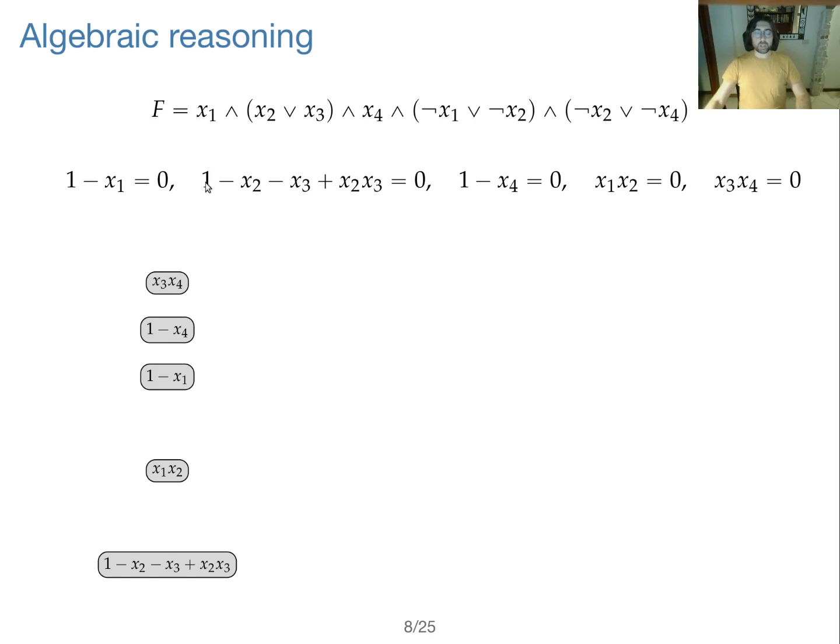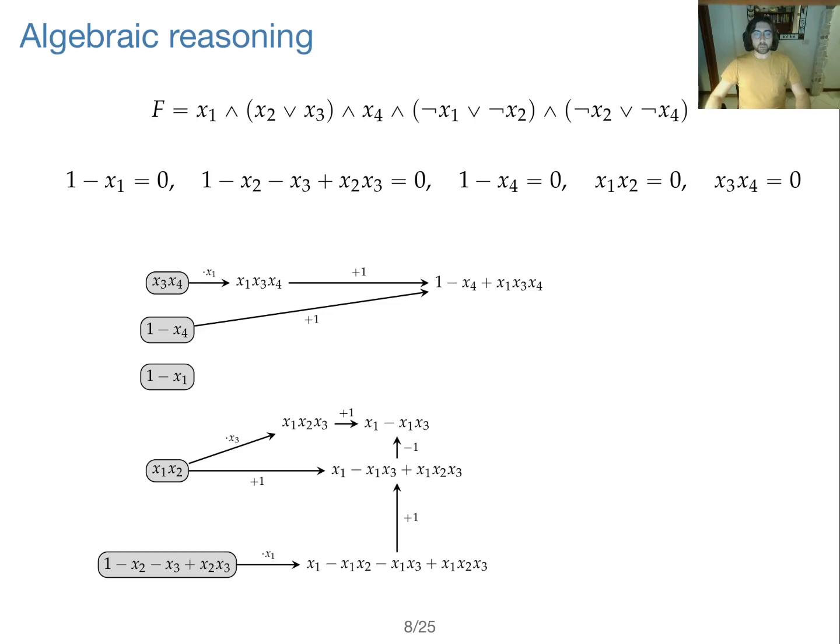So once we have these algebraic polynomial equations, we can use algebraic reasoning to deduce new polynomial equations. As you see, I'm not writing this equal to 0, but all these polynomials are actually implicitly polynomial equations, and the equal to 0 is implicit.